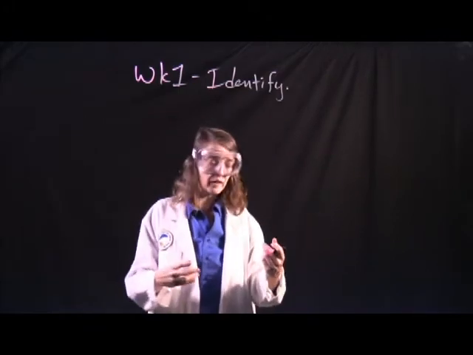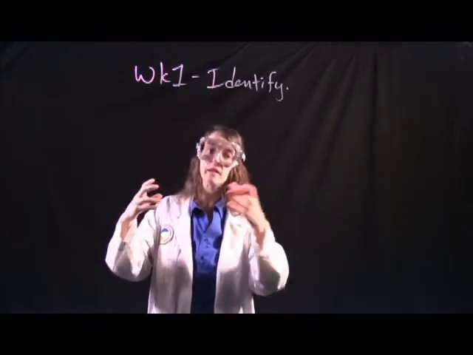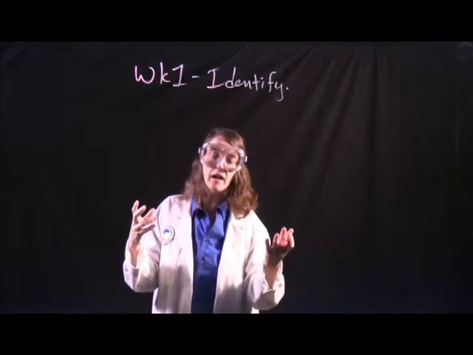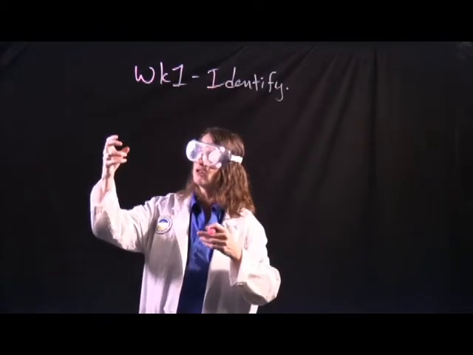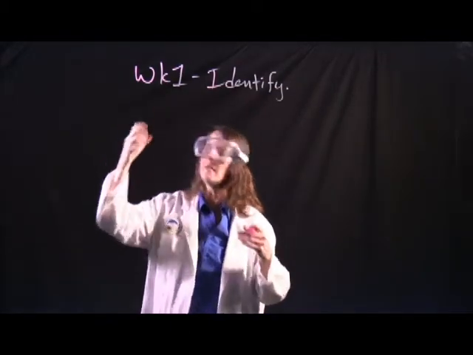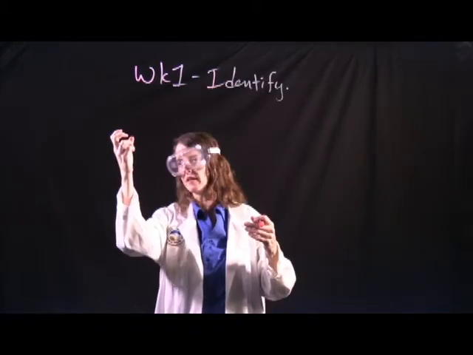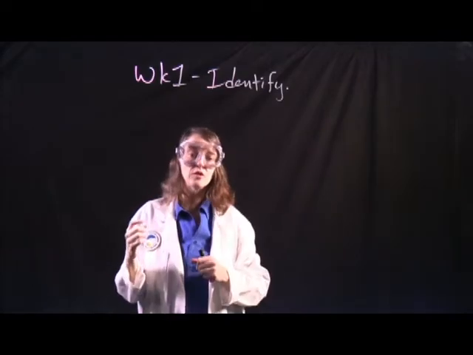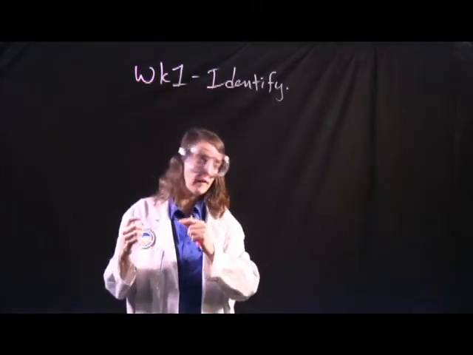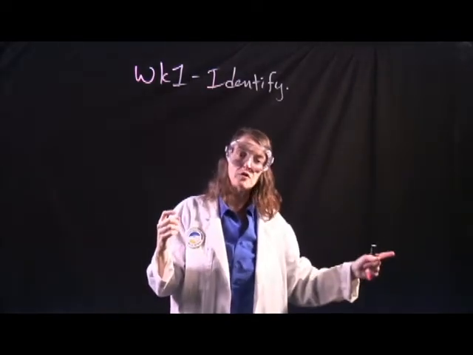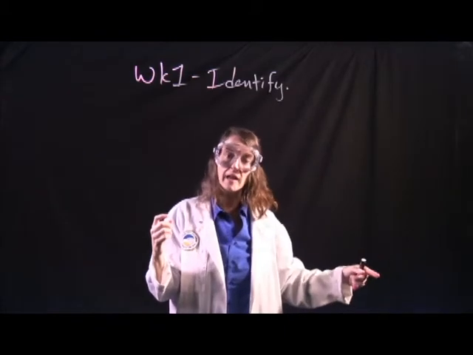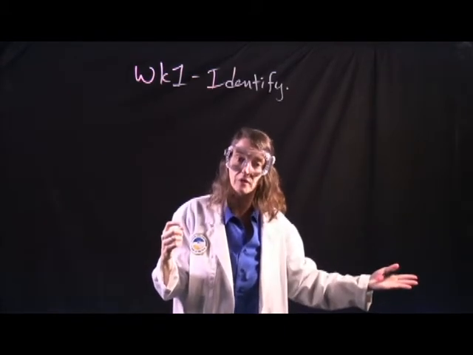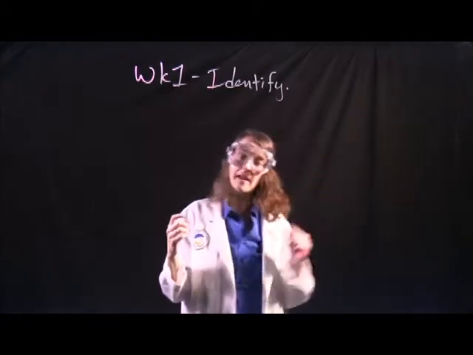So, for example, if you're doing a test for the nitrate ion, and you do the test on your unknown compound, you may be looking at it thinking, well, is that a positive test? Is that a negative test? I don't really know. What you need to do is use a control, meaning go over to the collection of 15 compounds and look for one of them that has a nitrate and do the test on that compound.